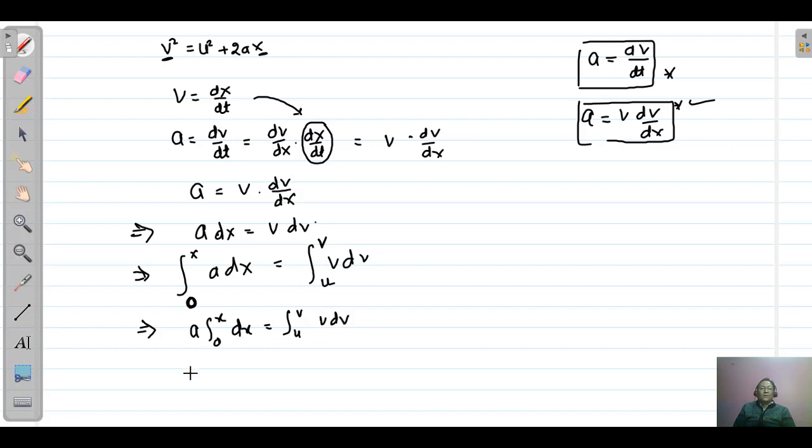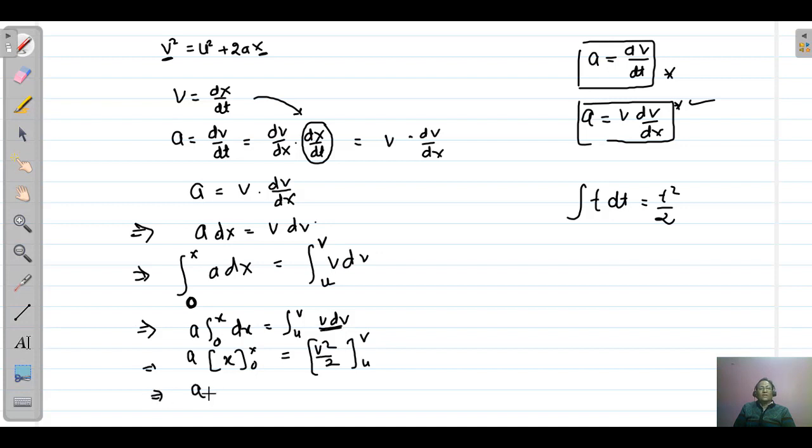Now take the integration. The integration of dx is x with limits 0 to x, equal to v dv. Earlier we said the integral of t dt equals t square by 2. Similarly, the integral of v dv is v square by 2 with limits u and v. Putting the limits, we get a(x minus 0) equals v square by 2 minus u square by 2.